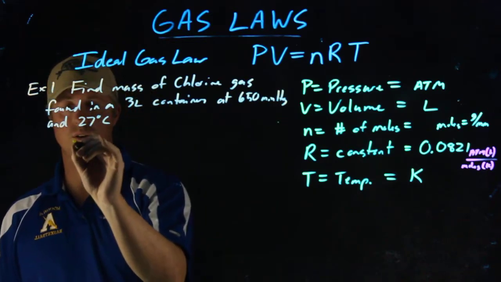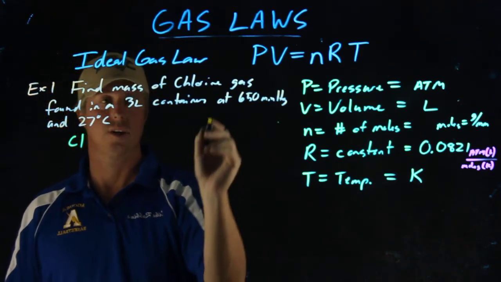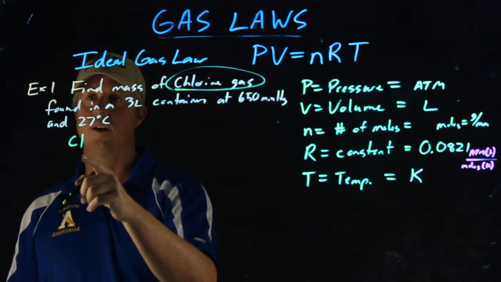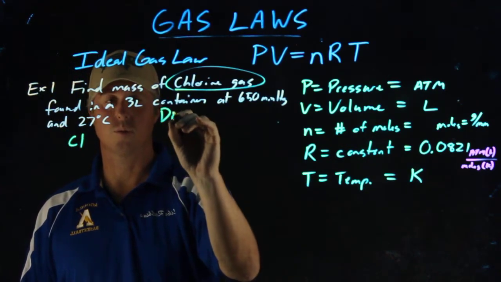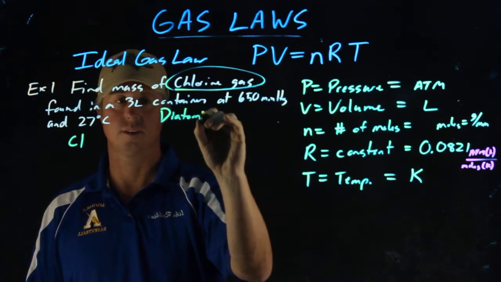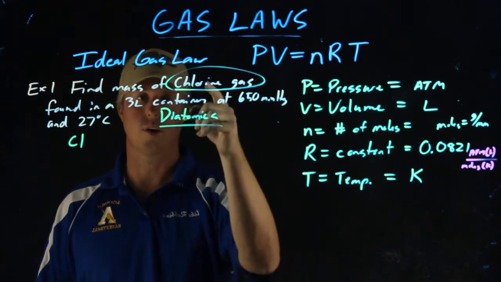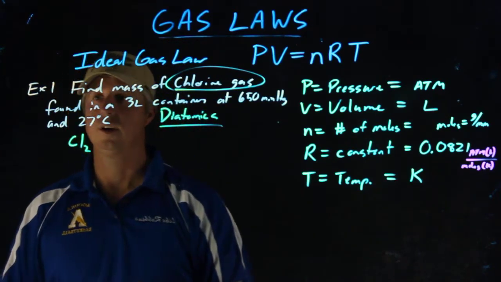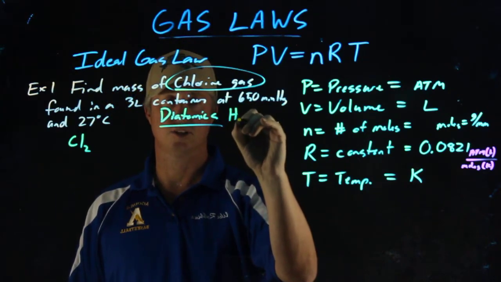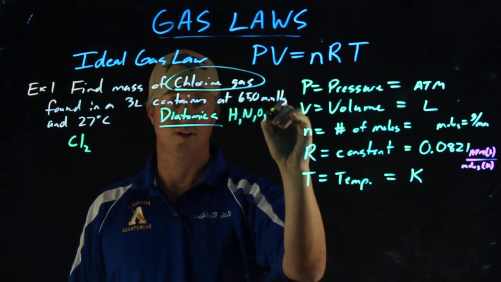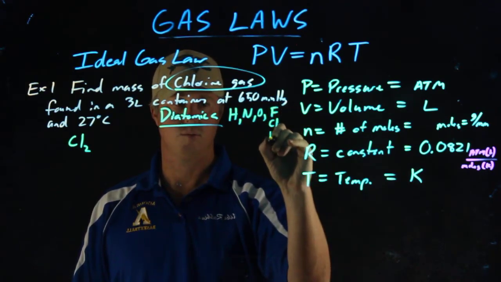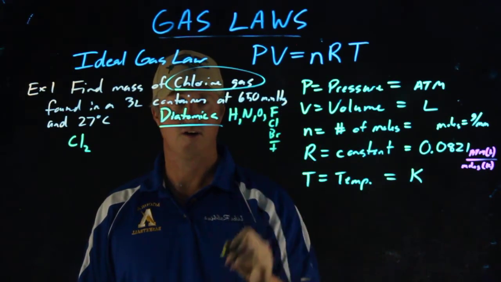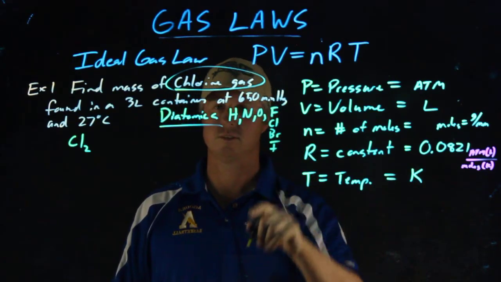So the first thing I know is I'm dealing with chlorine gas. Chlorine gas is Cl, but it's by itself. Anytime it's by itself, you must worry about diatomics. Is chlorine a diatomic? And we'll find out. If you look at it, H, N, O, F, Cl, Br, and I are all of your diatomics, the H7.